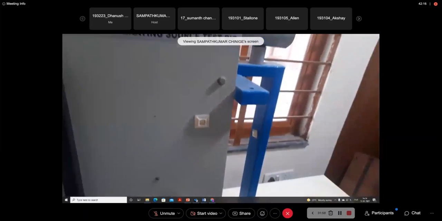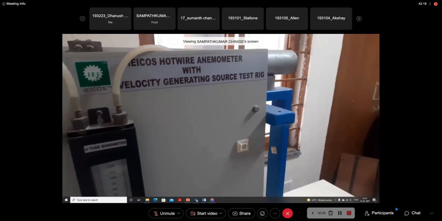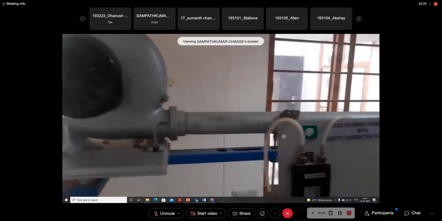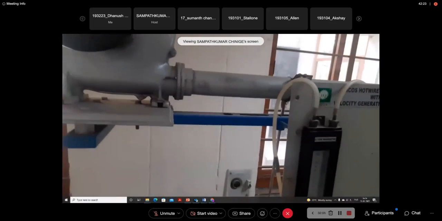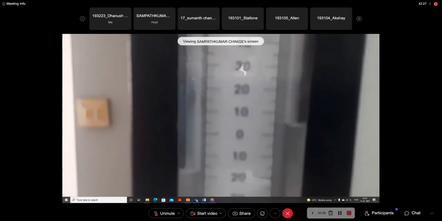It is fluctuating somewhere around 20. We can say the velocity is 20 meters per second. So we have taken one reading.